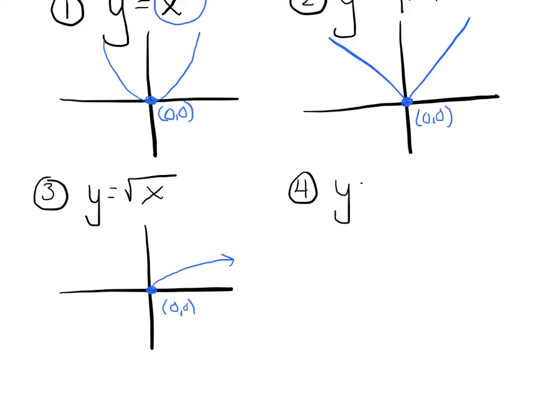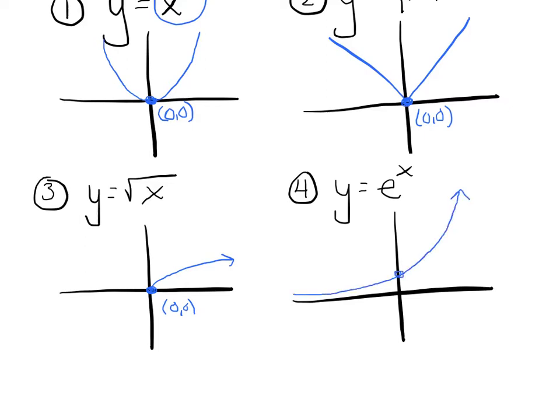Our fourth parent function is y equals e to the x, also known as exponential. And exponential is very special. It grows fast. It starts small and then it grows fast. And its special point is 0, 1. Okay, now this one's even more special. It has that horizontal asymptote at y equals 0.